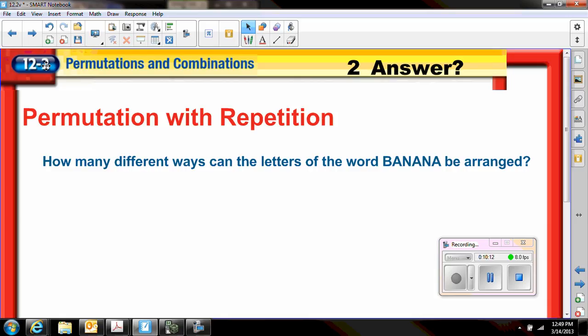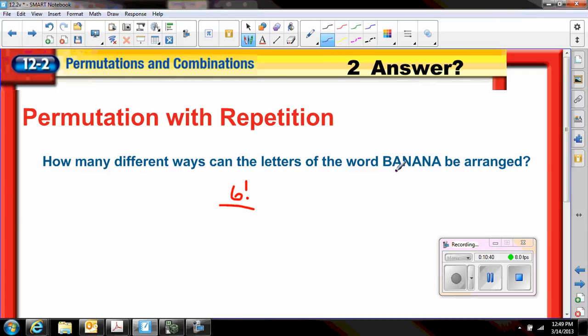So let's look at how many different ways we can take the letters in the word banana and rearrange it. Well, if I look at the word banana, I have 1, 2, 3, 4, 5, 6 letters. So permutation-wise, 6 different letters means I should be able to arrange this 6 factorial different ways. However, I have things that repeat.